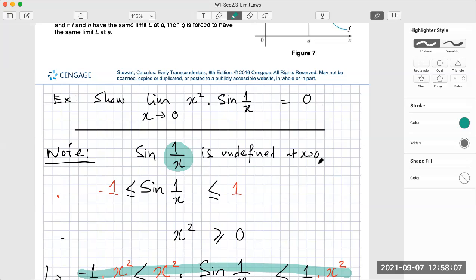Sine of something is not defined, we don't know. So we need to find a way to get rid of this sine. So we think about the squeeze theorem because sine is bounded by -1 and 1 here. We take advantage of this property.